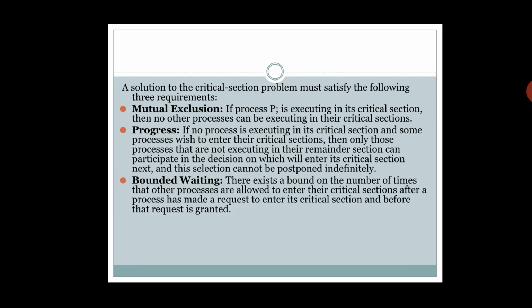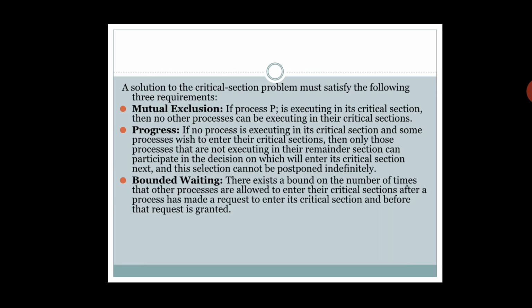Now the next thing is that a solution to the critical section problem must specify the following three requirements. We have to think about the solutions, because there may be some problems with respect to the critical section. If one process is already present in the critical section, then another process has to wait.